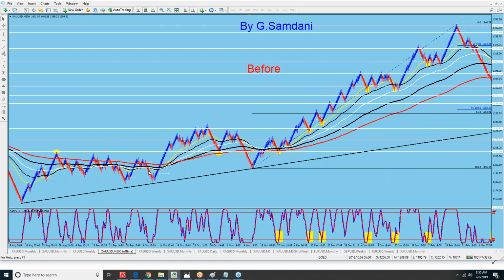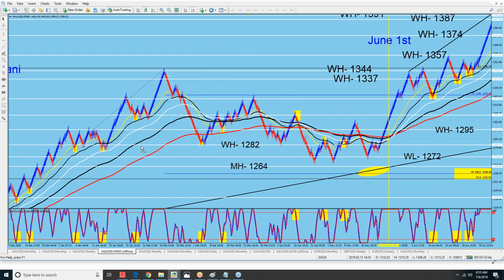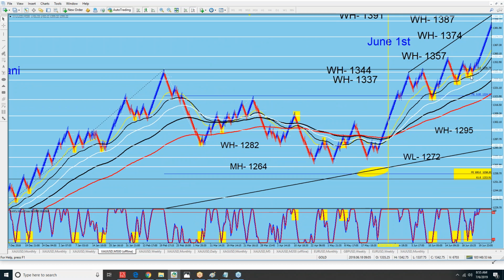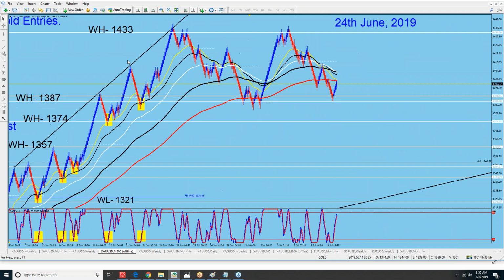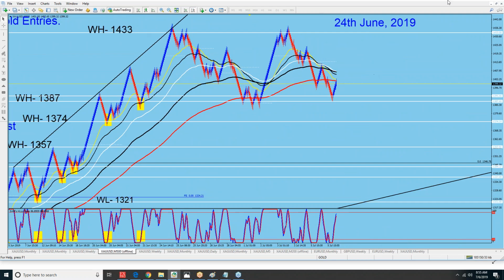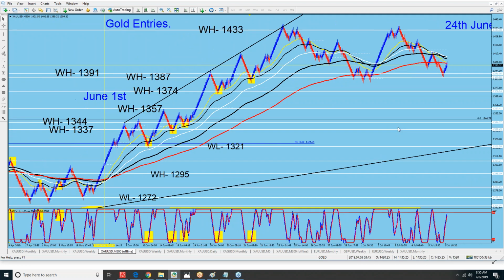So you start bouncing from here, and look, all these entries. This is the gold chart. It has a little bit of a difference. A little retracement here, and then again going to the upside. Okay, now it is doing a B, C correction, and then it's gonna go up again. So this is how it is.